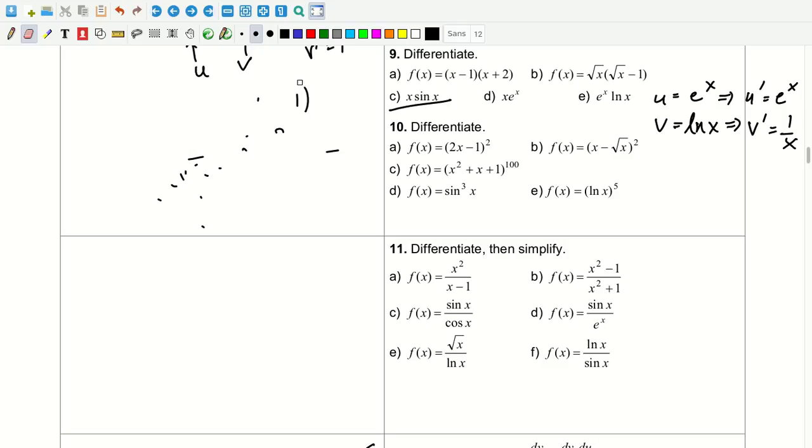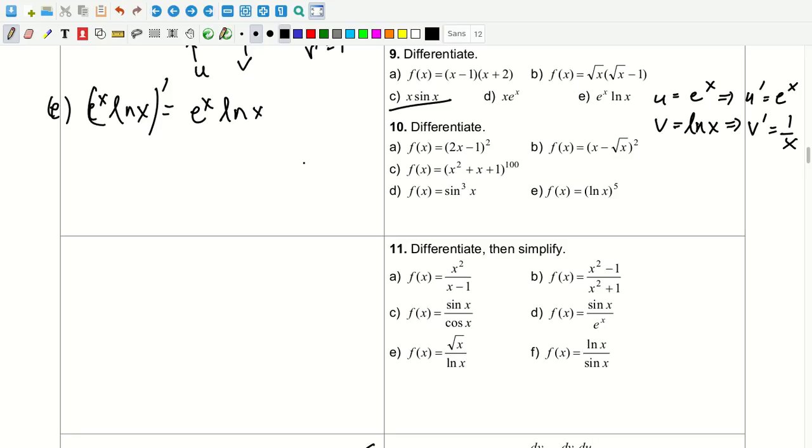I wish there was a way to increase the thickness of the eraser very quickly so that I can move on from problem to problem. So e to the x ln x. The derivative would then be e to the x ln x, nothing's changed, because I'm doing u prime v plus v prime u.